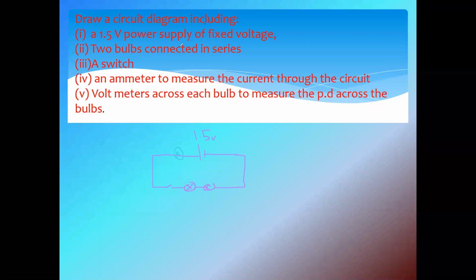So 1.5 volt, you did 1.5, two bulbs in series, the switch is there, and a voltmeter for each.